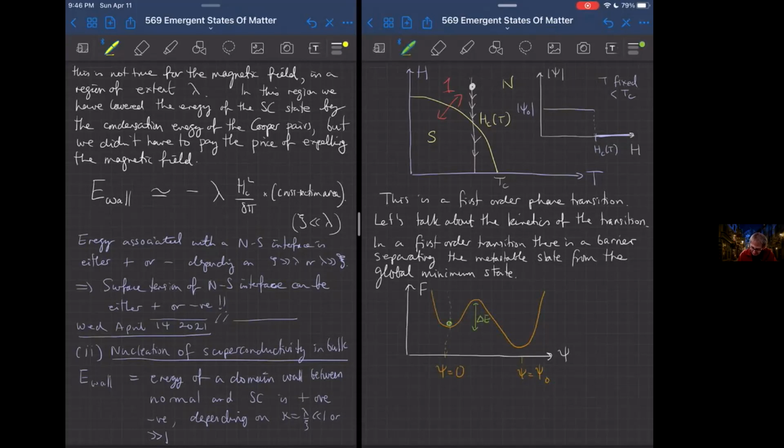And so what's happened is as I've changed the magnetic field, as I've changed the temperature, the state over here, the global minimum, has gone below the metastable minimum, as H or T is varied, and psi jumps discontinuously.